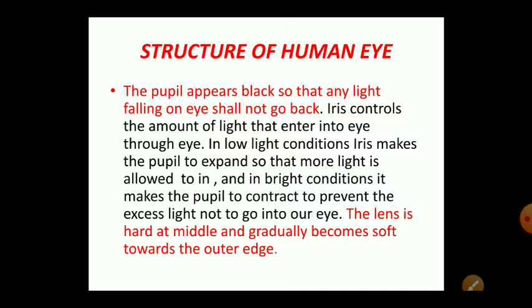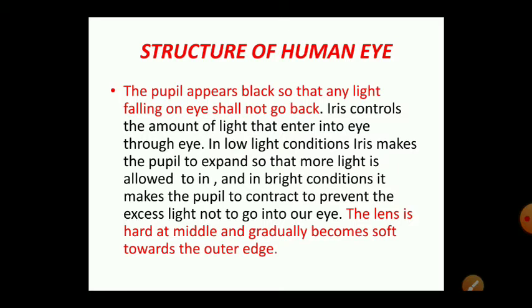Iris controls the amount of light that enters our eye through the pupil. In low light conditions, iris makes the pupil expand so that more light is allowed into the eye, and in bright conditions it makes the pupil contract to prevent the excess light, so that our eye is not affected by that excess light.